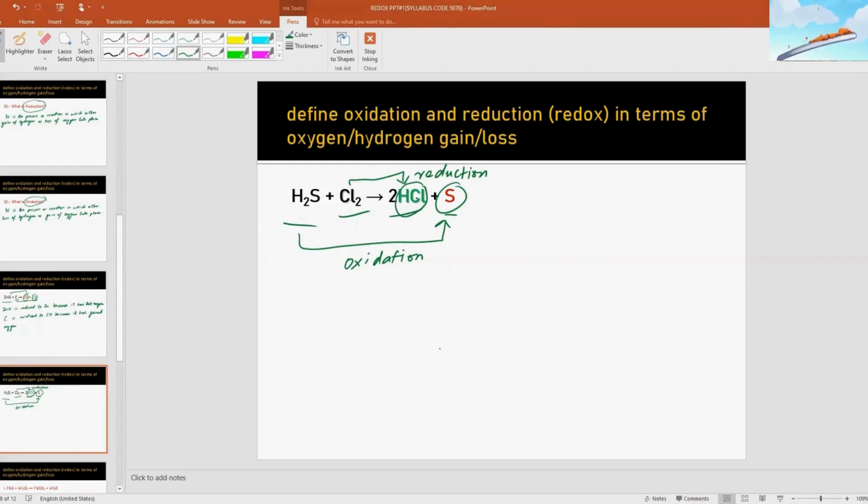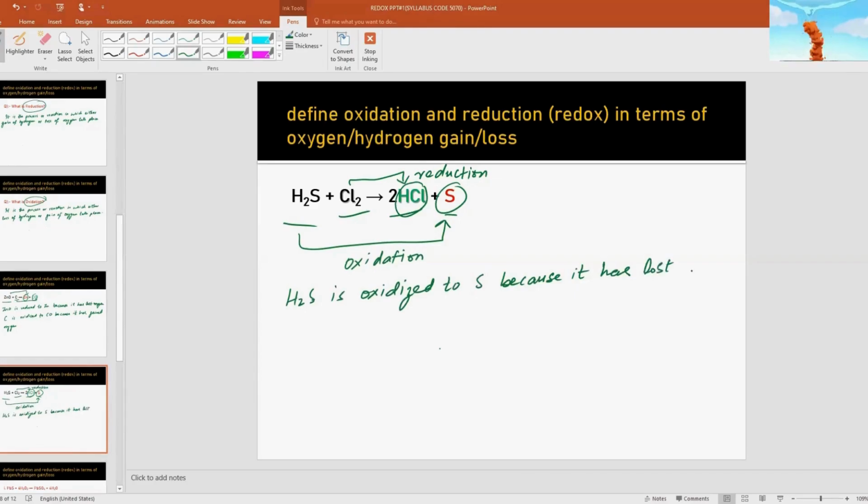Let me write the statement for this reaction. H2S is oxidized to S because it has lost hydrogen.